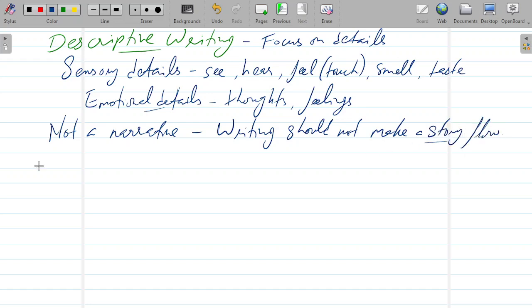For example, and this is one question that's popped up a couple of times, you're writing about a busy market, and so what you don't want to do is say, oh, I was in the busy market, and I saw that there was a sale, and I went and looked at the purses, and I bought something, and then I went to eat something. No, this is a narrative, it's telling you what you did.